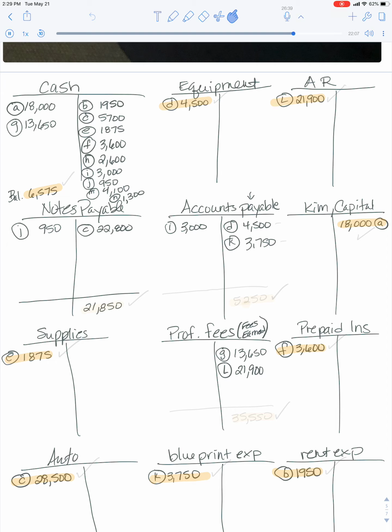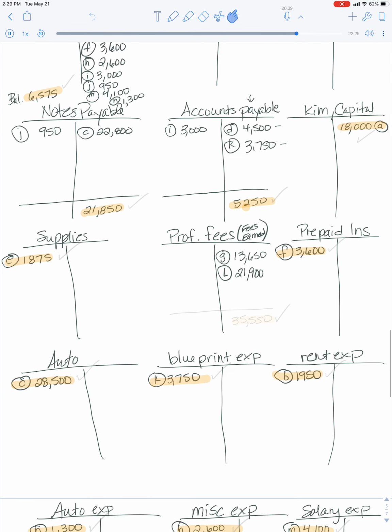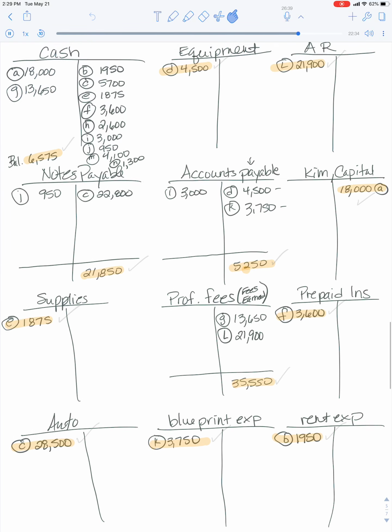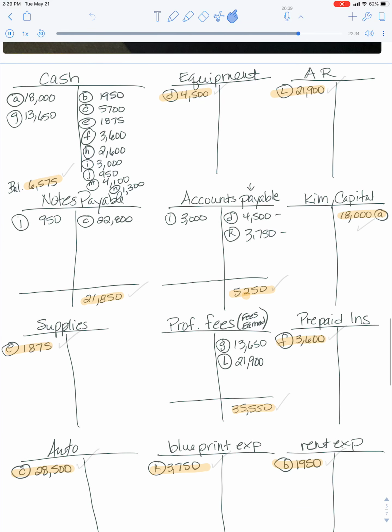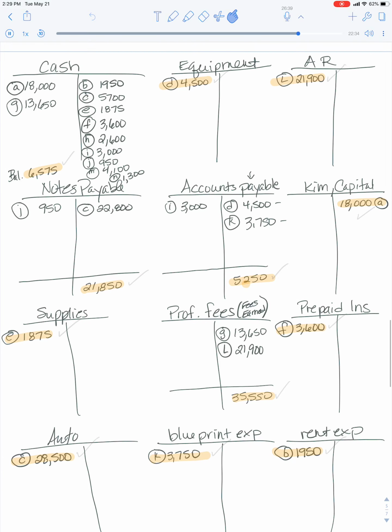If you end up with a negative in your calculator, it's going to be a credit balance. And then accounts payable, add the $3,000, subtract the $450 and the $37.50, should be a credit balance of $52.50. And finally, professional fees are both credits, so it's going to be a credit balance if you add them up, $35,550.